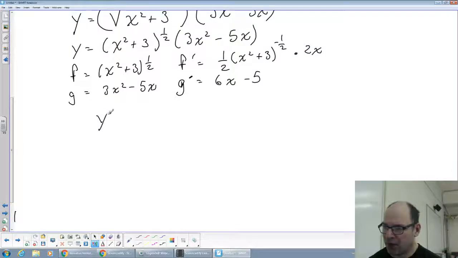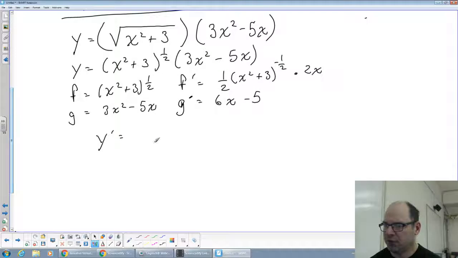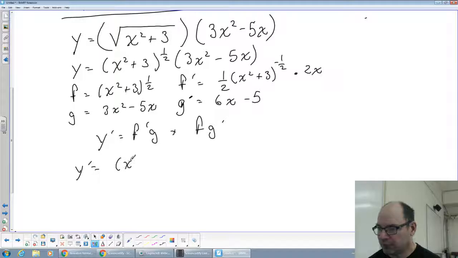So y prime would then be equal to, okay, we're going to do f prime g plus f g prime. That's what we're doing for the product rule. So take in f. Okay, you can leave it in fraction form like that.